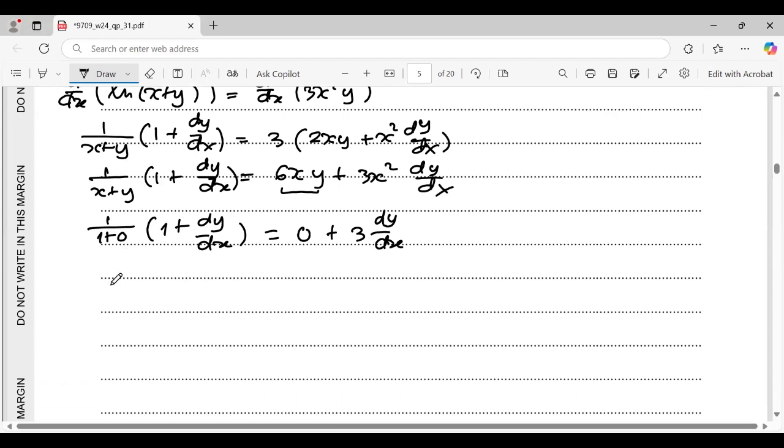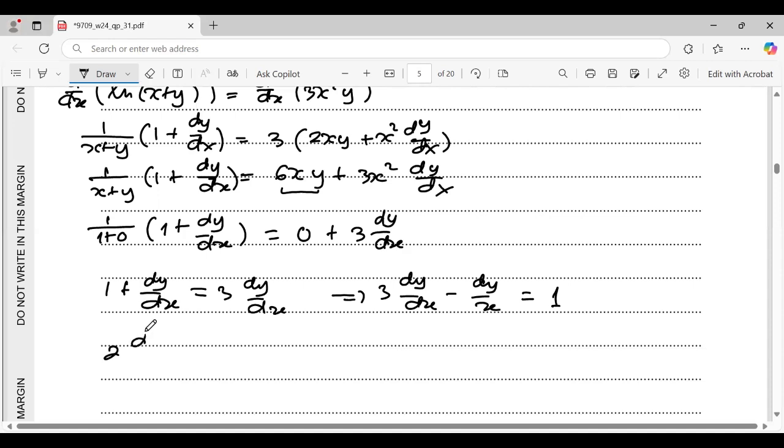If we multiply, it becomes 1 plus dy/dx equals 3 dy/dx, or 3 dy/dx minus 1 dy/dx equals 1. 3 minus 1 equals 2 dy/dx equals 1.